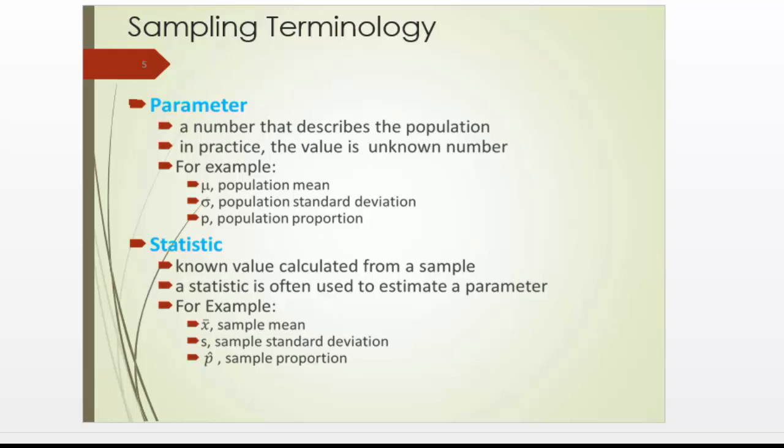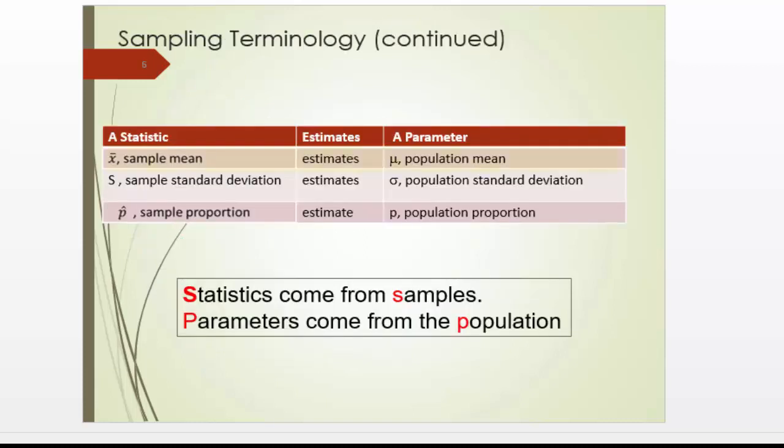Now statistics estimate those parameters. They're known values from a sample, and we've talked about the sample mean, represented by x bar, the sample standard deviation represented by s, and the sample proportion represented by p hat. So our sample mean, x bar, estimates mu, the population mean.